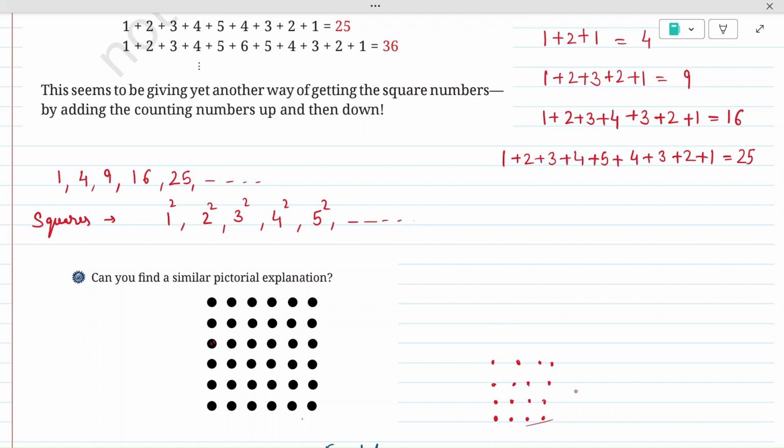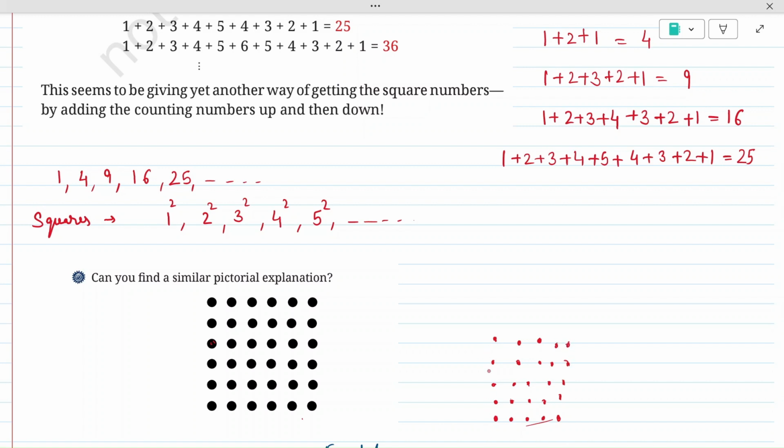Similarly, we can extend it to get 25. How? 1, 2, 3, 4, 5. So 5 means I have to add here 1, 2, 3, 4, 5. Then 4, 1, 2, 3, 4. Then after that 3, 1, 2, 3. Then 2 and 1.